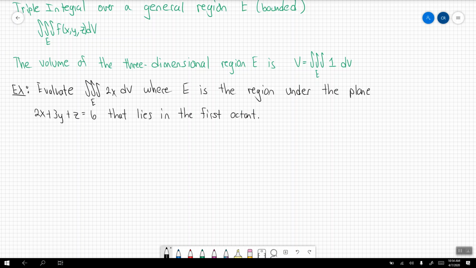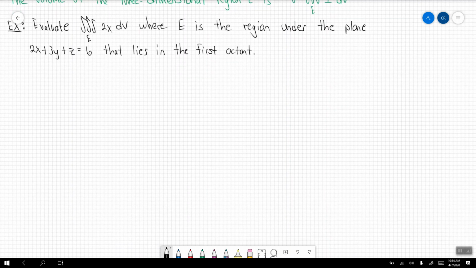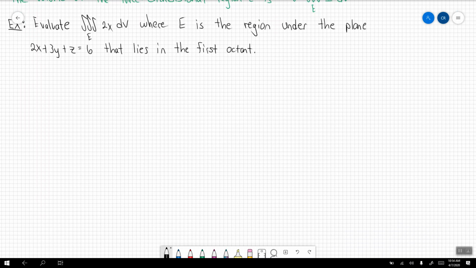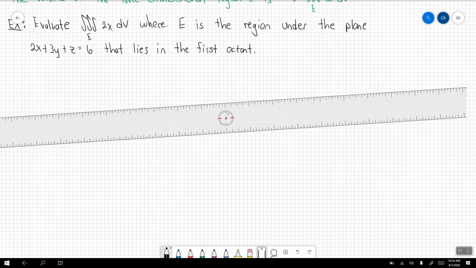All right, so what we want to try to do is envision what's happening here. We want to envision this shape that we're trying to look at. I'm going to give you a really quick depiction of what this shape should look like, and I'm going to draw this using just my ruler.